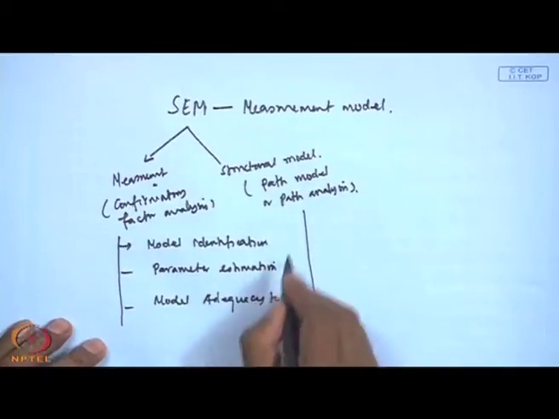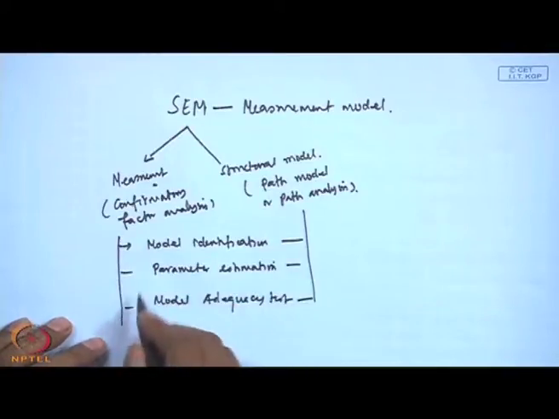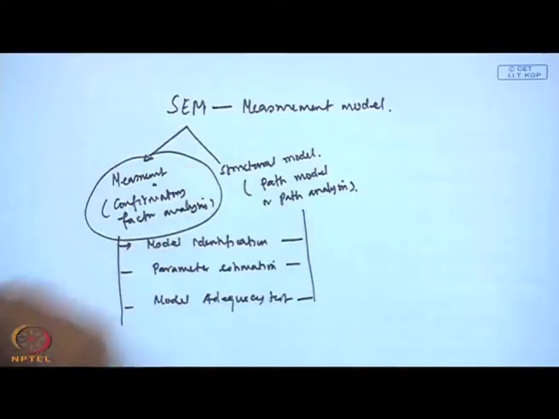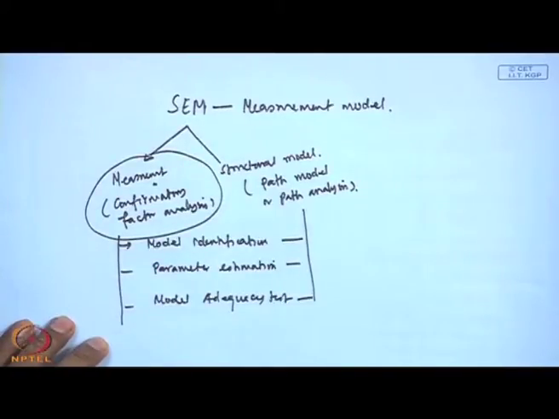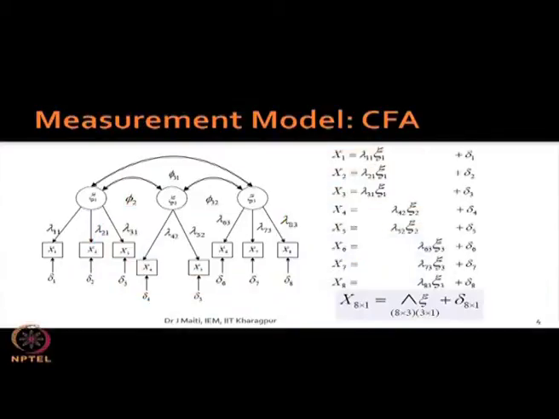This is true for the structural part also. In this lecture, we will consider the measurement part, which is confirmatory factor analysis. So, let us start with a conceptual model first.